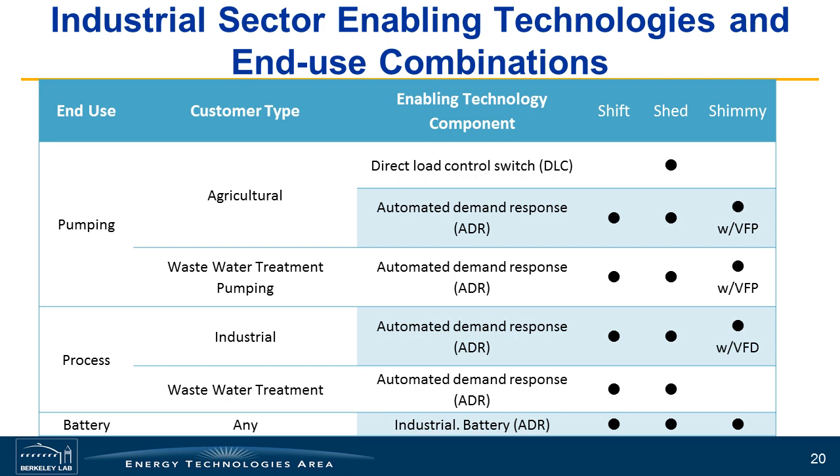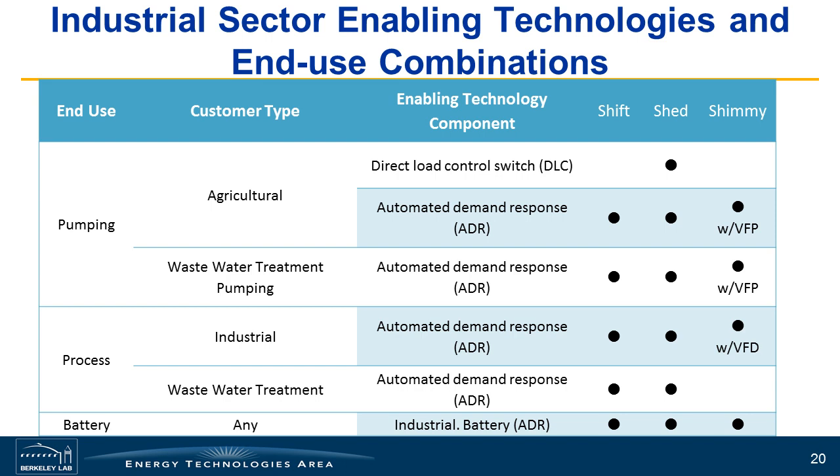The shift type resource is where, in the DR potential study for the industrial sector, we found the bulk of the shift type resources coming from: these variable frequency pumps and drives on pumping and process loads when fully automated.